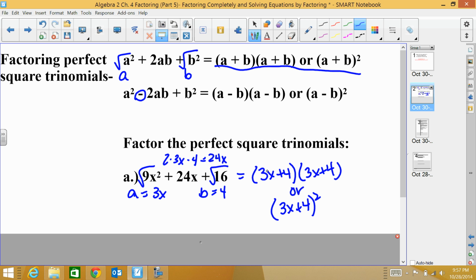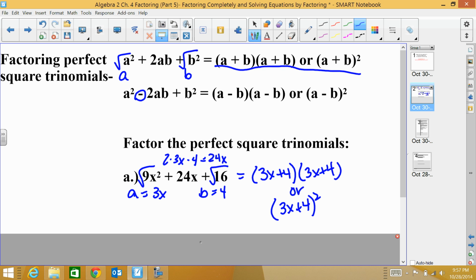So if I was to distribute this, 3x times 3x would be 9x squared. Then 3x times 4 would be 12x. And then 4 times 3x would be 12x. So 12x plus 12x would be 24x. And then 4 times 4 would give us 16. So it would come out to be that answer.